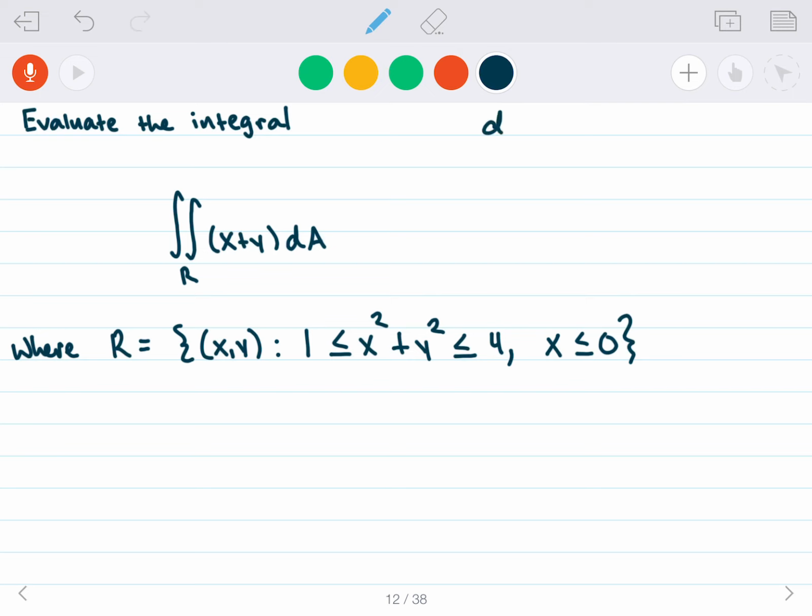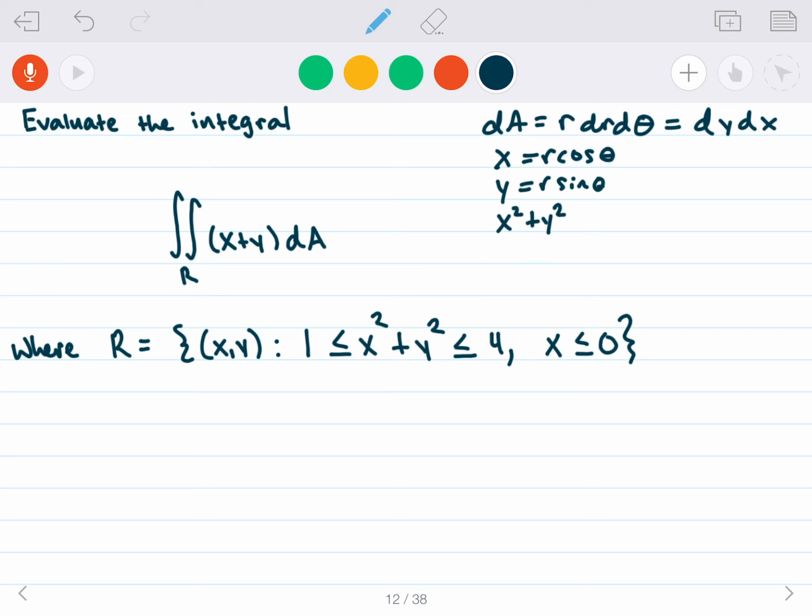So again, dA is equal to r dr d theta, which equals dy dx or dx dy. And then x is equal to r cosine theta, y is equal to r sine theta, and x squared plus y squared equals r squared.